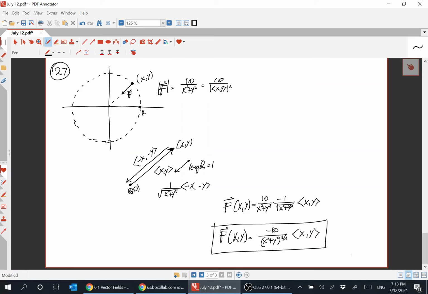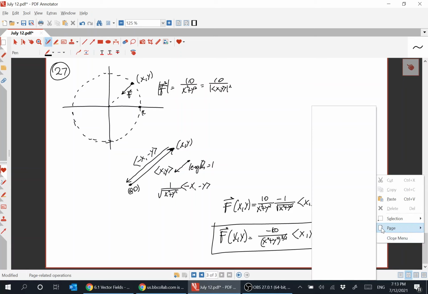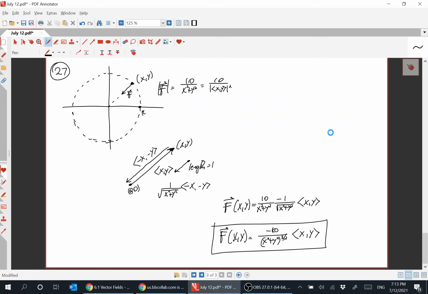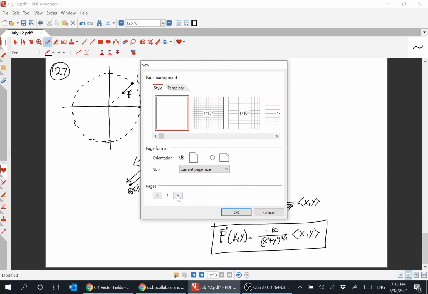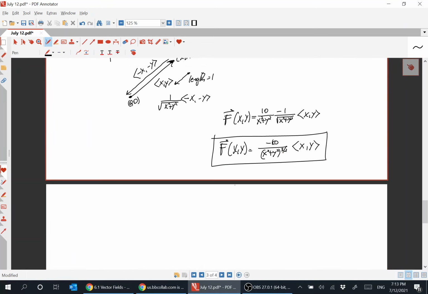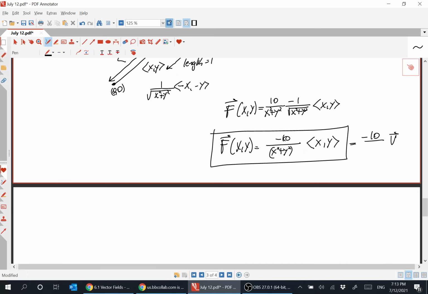Another way you could write this, instead of writing x, y, let's just write v. So it's minus 10 times v over, and then what's this? x squared plus y squared to the 3/2 power.